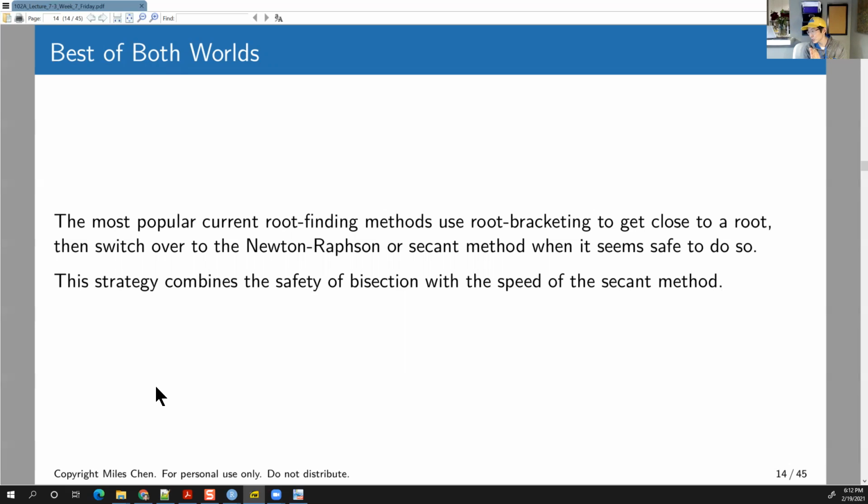So what we often do is use the bisection method to get arbitrarily close. Maybe you run it enough iterations so that the left-hand side and the right-hand side have a difference of, say, 0.05, a small value that should get you pretty close to the root. And then you can switch over to the Newton-Raphson method.